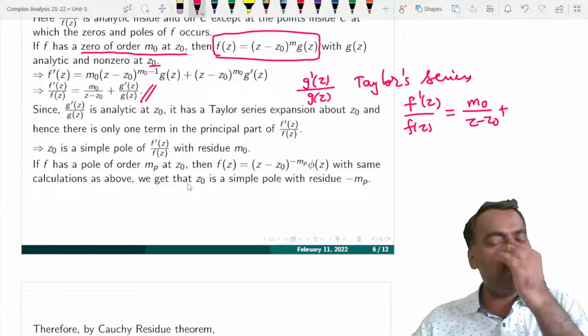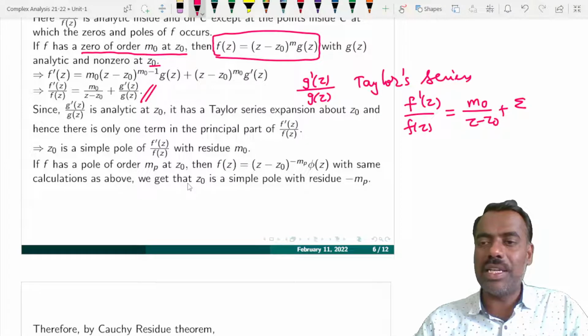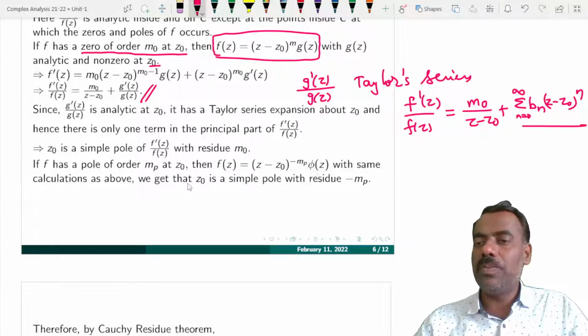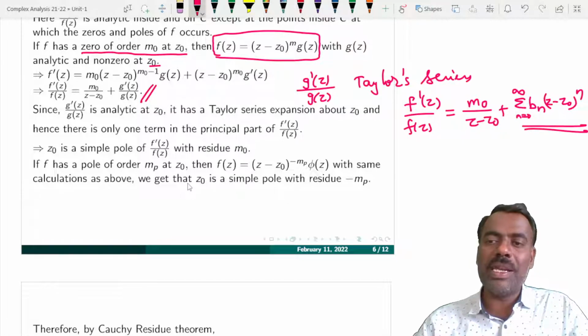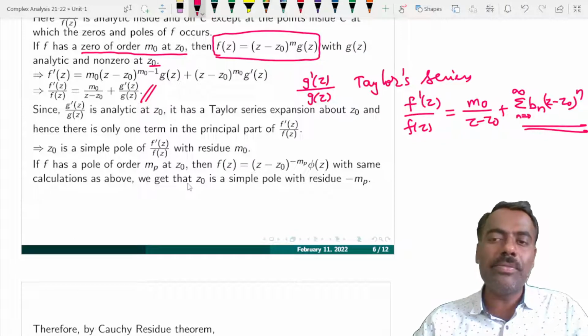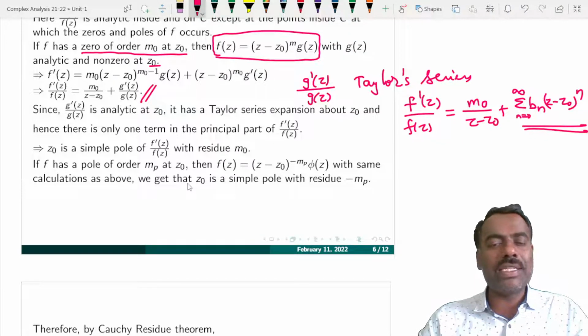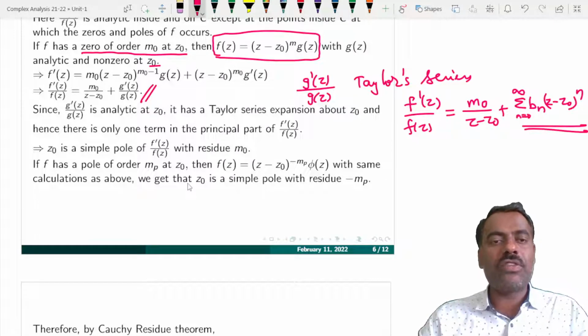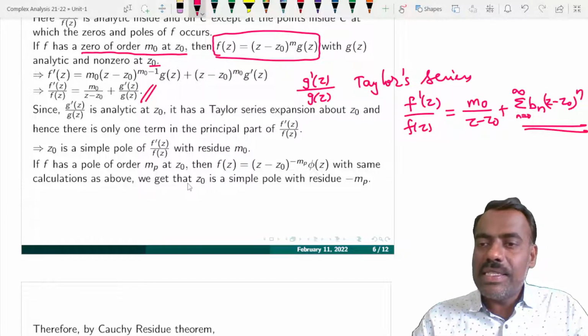This g dash of z by g of z, you can write as summation, say b n, (z minus z naught) to the power n, where n is from 0 to infinity. So this doesn't involve any negative powers of z minus z naught. So what is in the principal part is only one term, namely m naught upon z minus z naught. So what can you say about z naught?